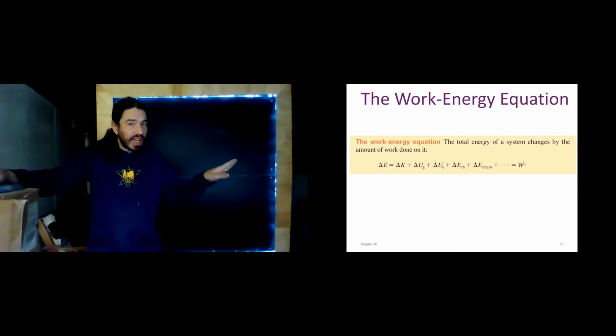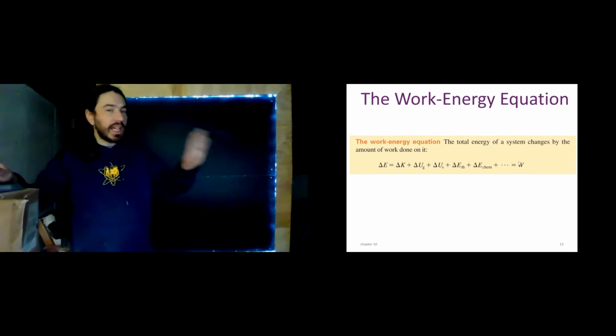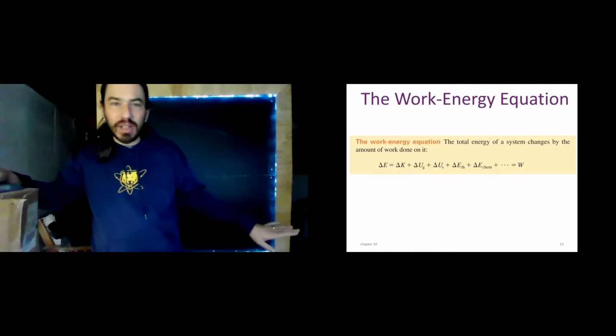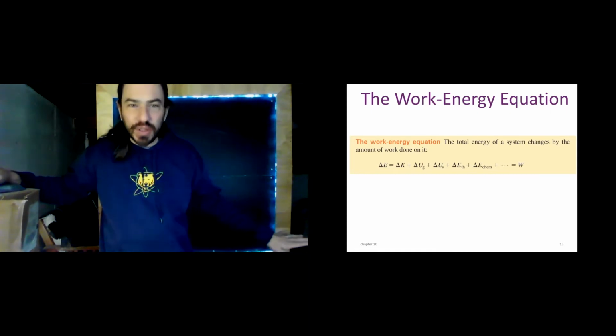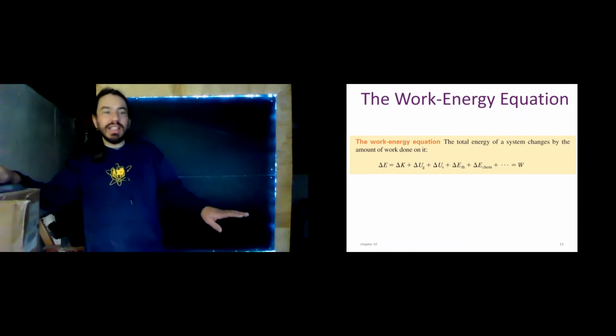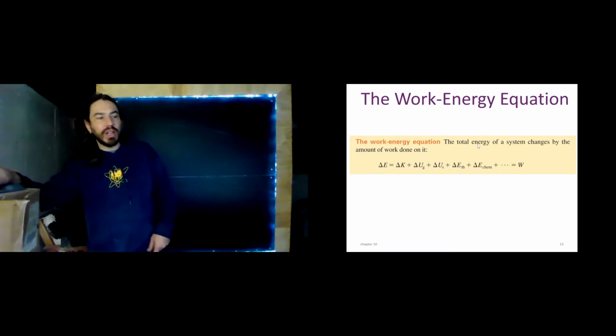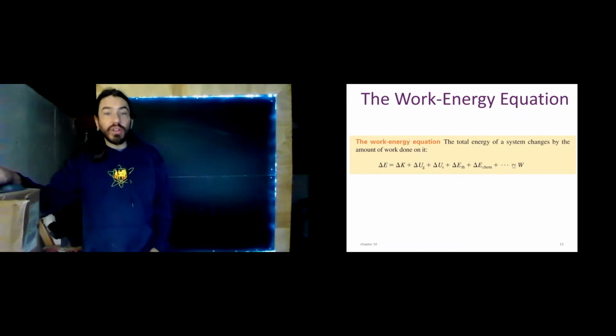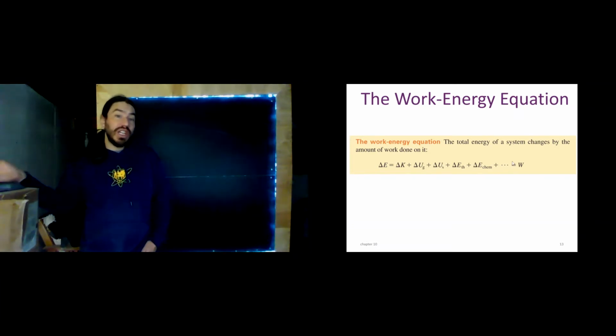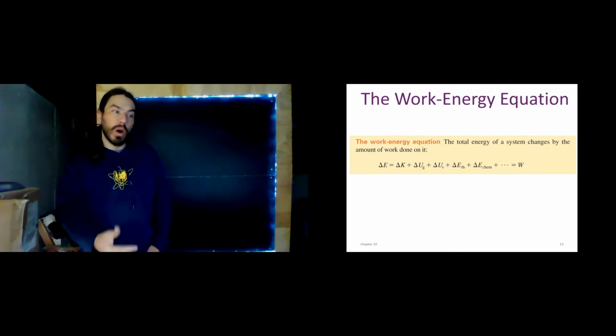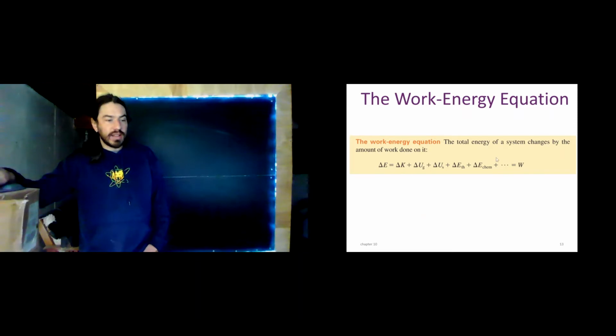So we're going to push heat off. Now that we've introduced what it is, we're going to kick it down the road. We're going to push it to chapter 11 because it deserves an entire chapter to itself. Okay, so we're going to kick heat down the road, talk about it in the next chapter. For right now, then, the only way we're going to move energy into or out of the system is by work. And so if I do some work on a system, it will change the energy of the system.